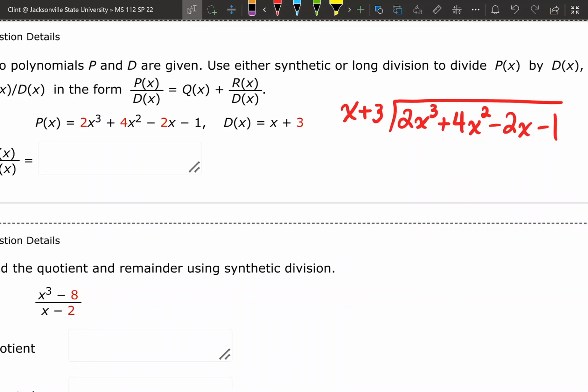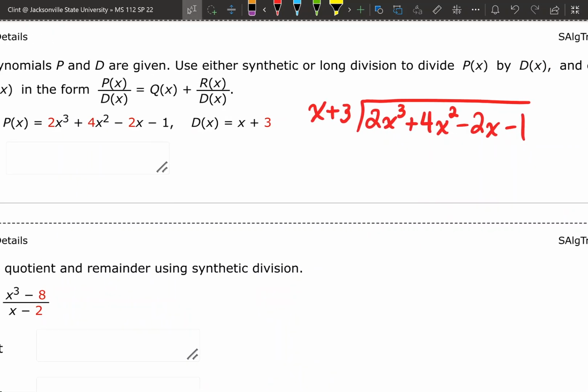I got this one set up to do long division. Okay. So I'll look at my x up front, and to get to the 2x cubed on the inside, I see that I need to multiply by 2x squared. Okay.